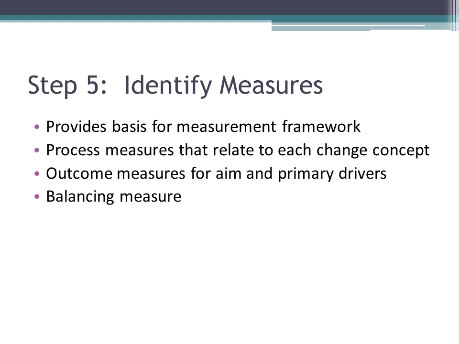You're going to look at both process and outcome measures. Your aim will almost always be measured by an outcome measure, and then the secondary drivers in particular can be process measures. And you can annotate your driver diagram with your measures, and I'll show you that in just a minute.